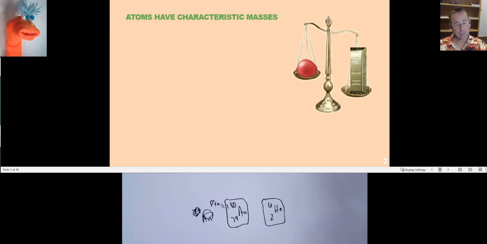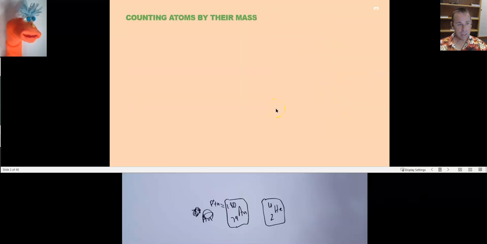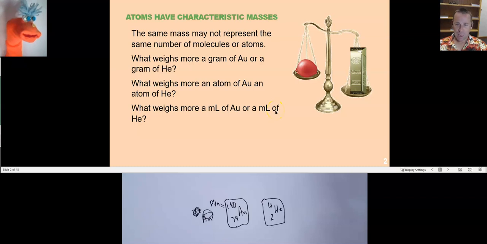Okay. Later on, they changed the scale to use carbon 12, and they gave it a mass of 12, right? 12 units. So, thing to take home here is that atoms have different masses, right?